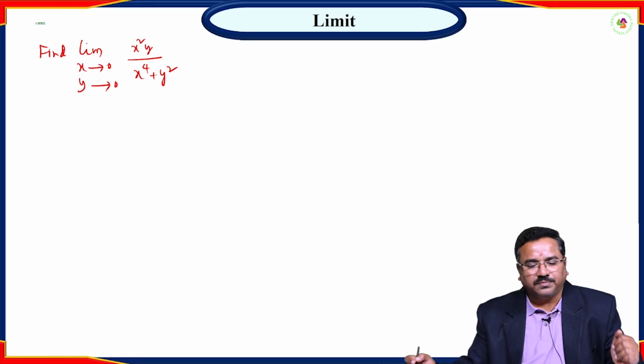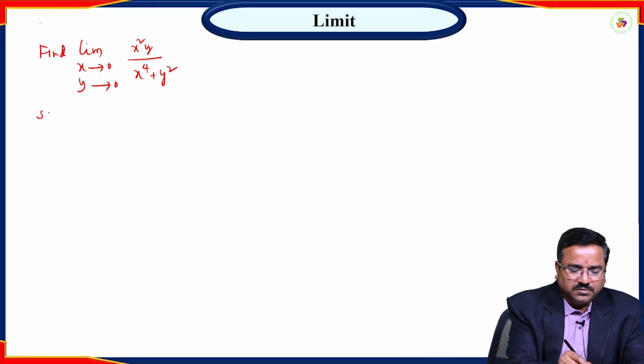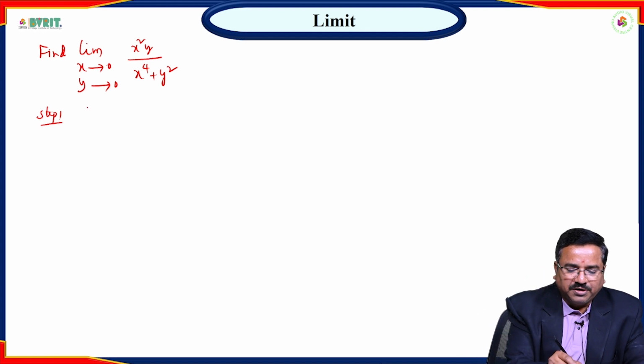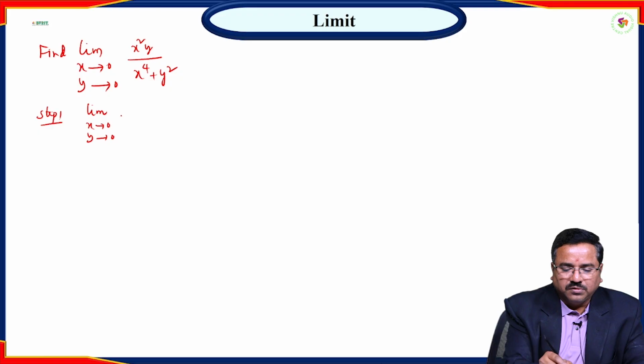What is step 1? First you take the limit, put x to 0 then y to 0. So what do you have to write? Limit as x tends to 0, y tends to 0, of x squared y by x to the power of 4 plus y squared.